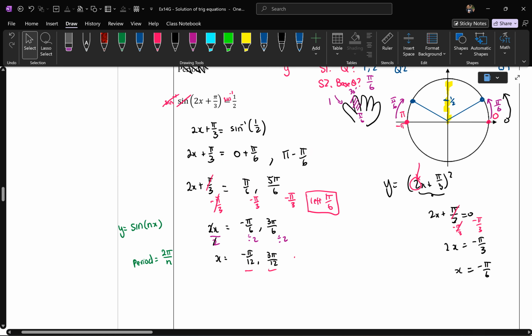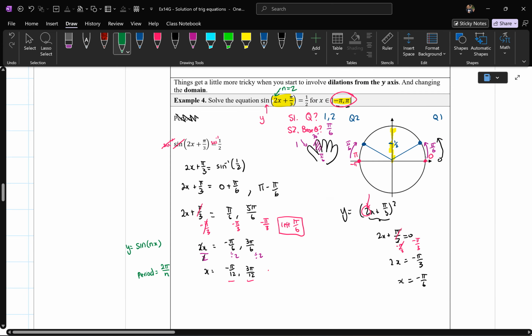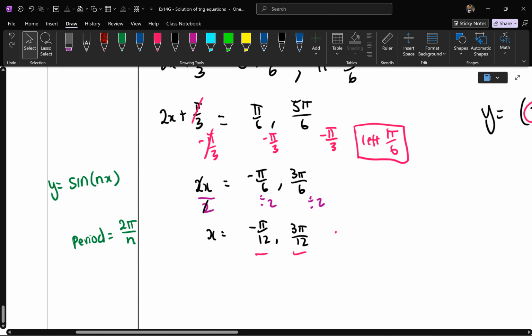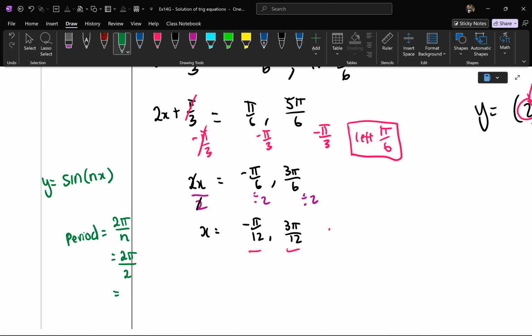Now, because in our scenario, n is actually equal to 2. See that? The n was actually equal to 2. That's my n. That means your period, how long does it take to make one revolution, works out to be 2 pi divided by 2 equals pi. Next lesson, you'll understand what this pi means.